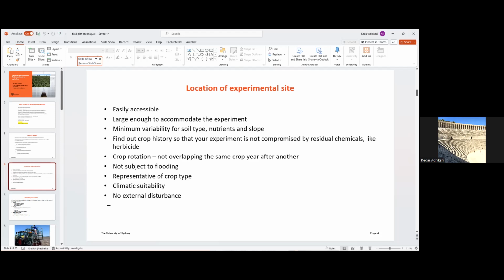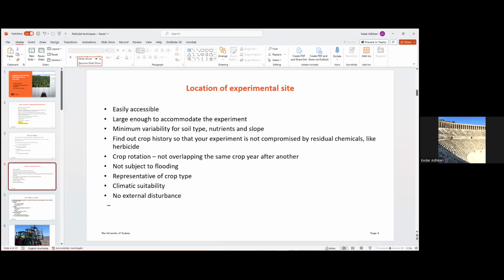Because what I was saying is crop history is very important. You don't want to have a trial that would be compromised by previous crop history.